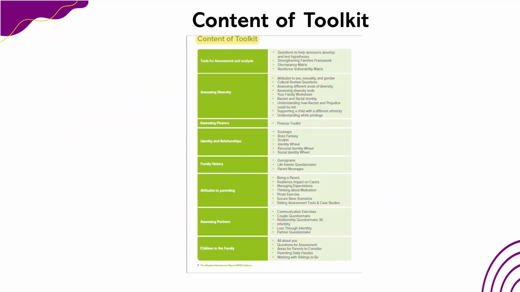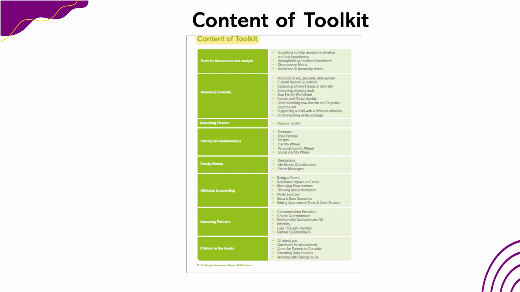And here's a picture of the R toolkit. It does things like an identity wheel. It has exercises on your family worksheet. And again, here what we have towards the end of it is assessing partners or children in the family as well.